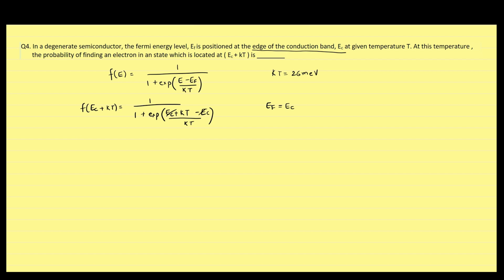EC will cancel out. We have 1 divided by 1 plus exponential kT divided by kT. So, the required probability will be around 0.269, which is the final answer.